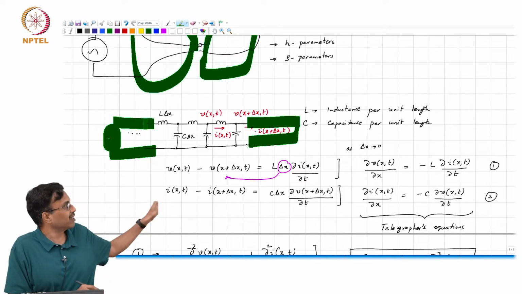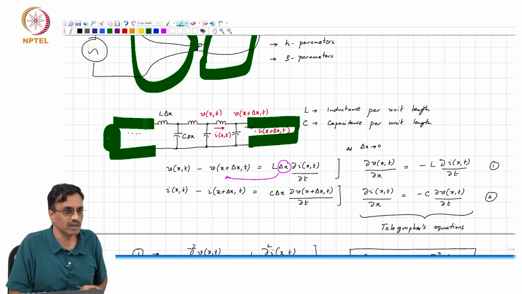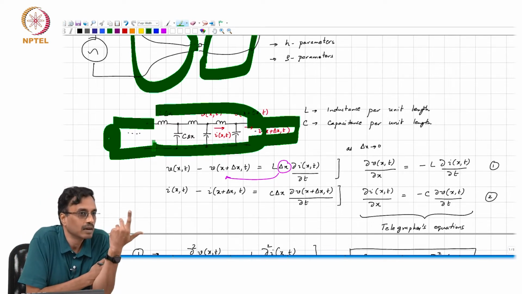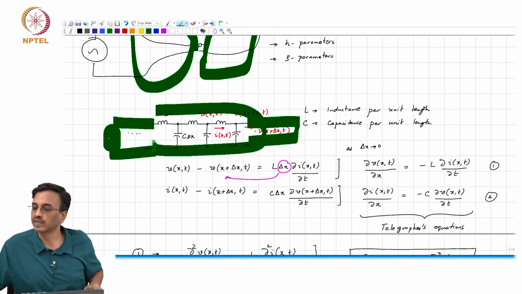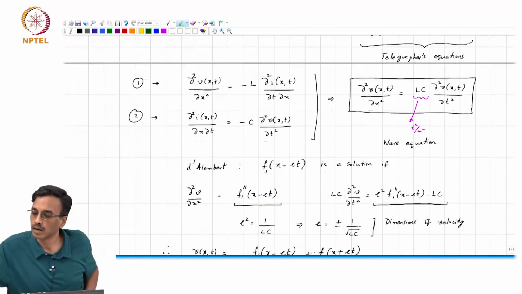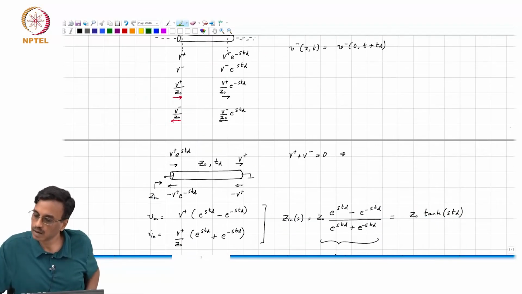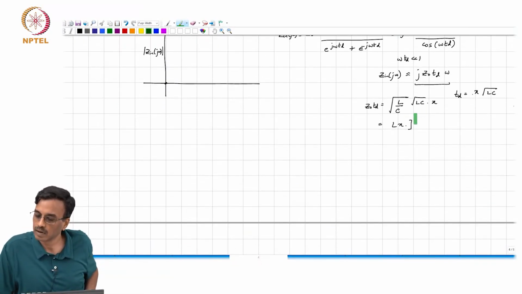At low frequency, what is the current flowing through all those infinitesimal capacitors? 0. So, what you essentially look at is the total inductance of the line.